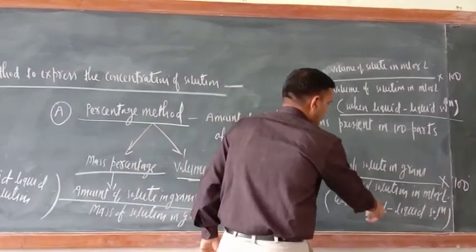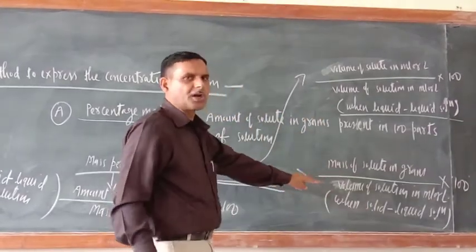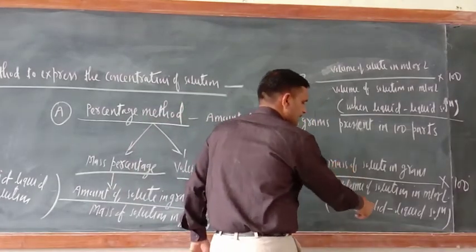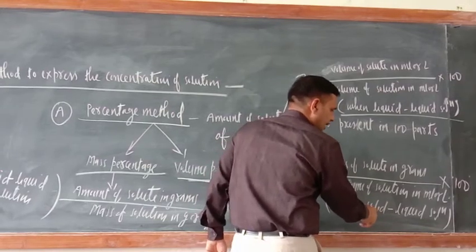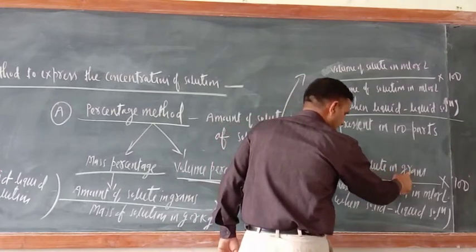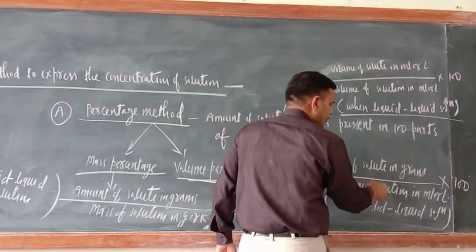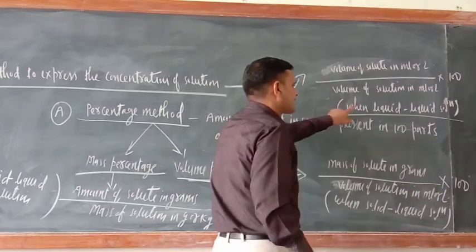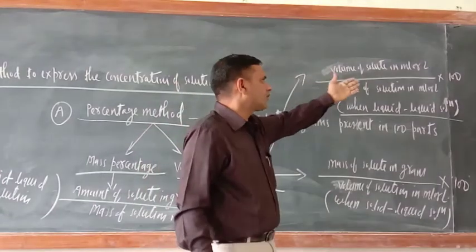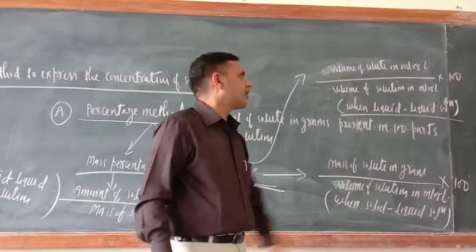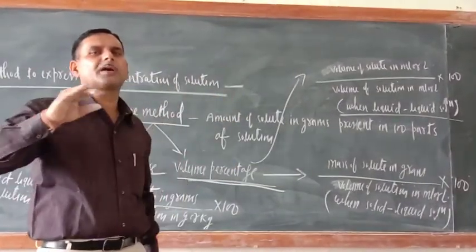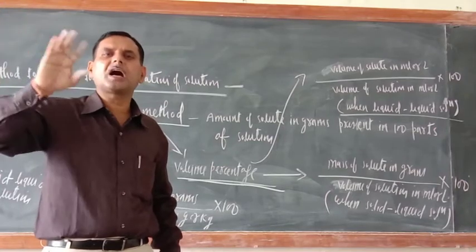Suppose a solid liquid solution is there, meaning the solute is solid and the solvent is liquid. Then solute mass you have to take in gram and solution in milliliter or liter. But suppose a liquid solution is there, meaning the solute and solvent both are liquid. Then volume of solute in milliliter or liter divided by volume of solution in milliliter or liter. So when you read the question, then only you will come to know whether it is a liquid solution or solid liquid solution.